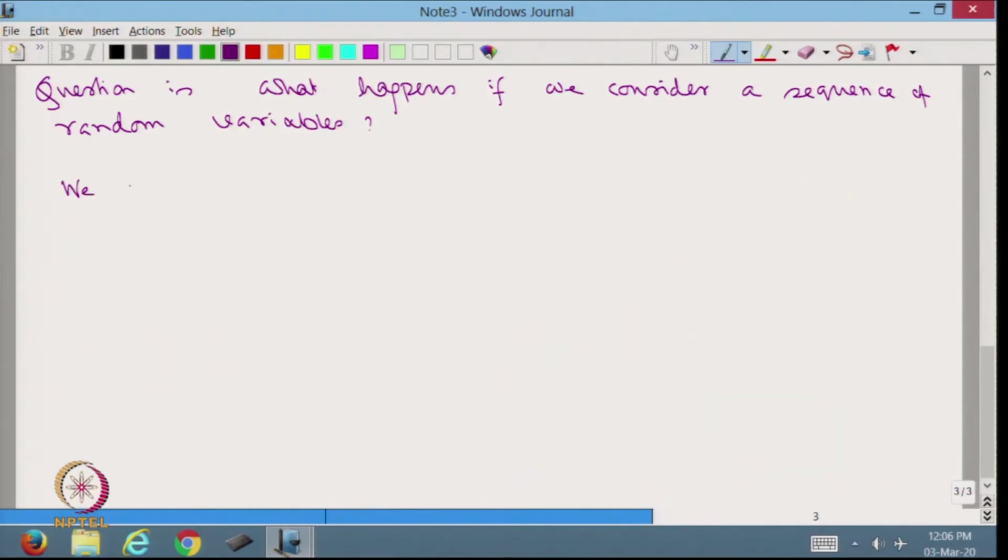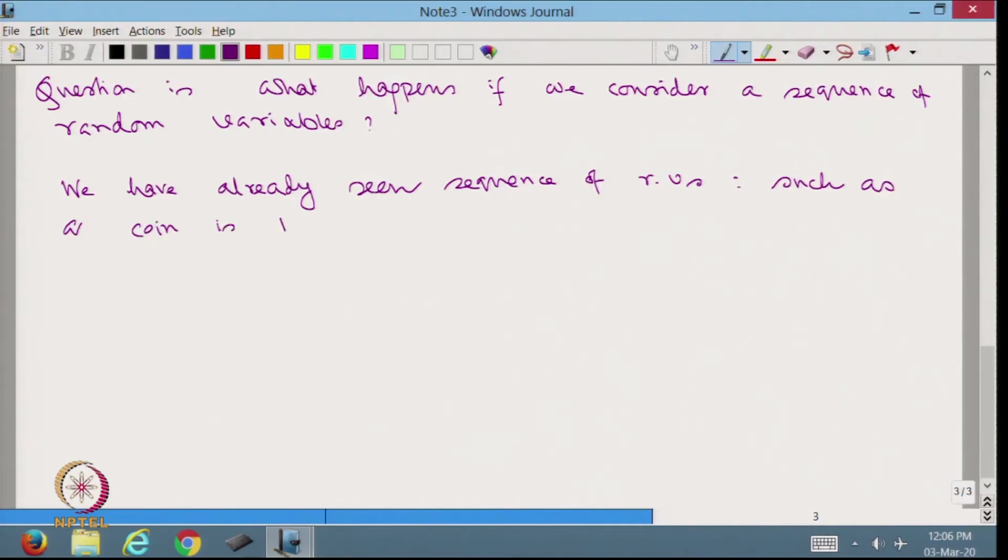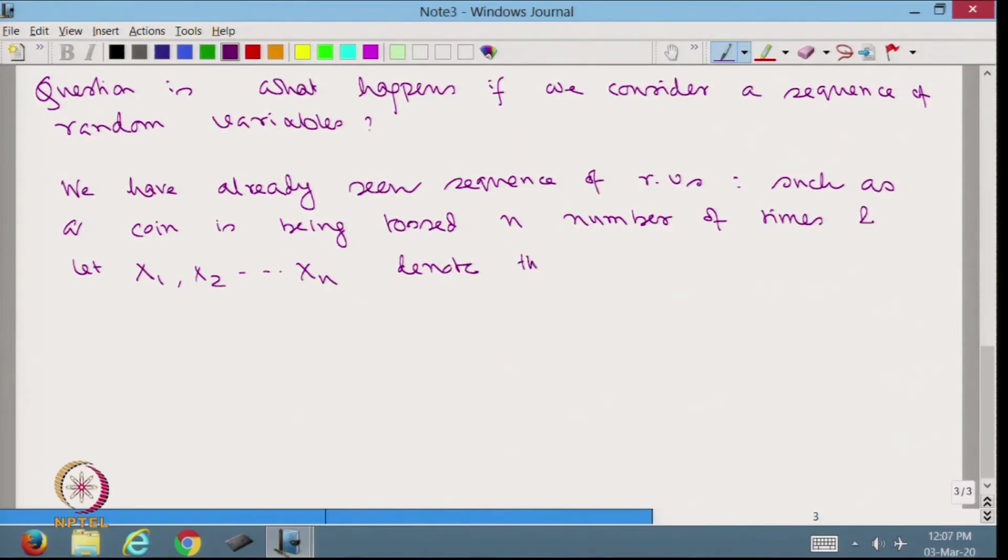We have already seen sequences of random variables such as, say, a coin being tossed n number of times, and let x 1, x 2 up to x n denote the sequence of random variables denoting each individual outcome.